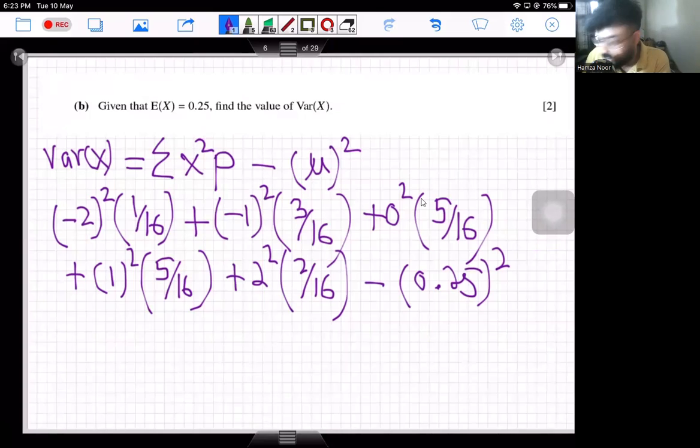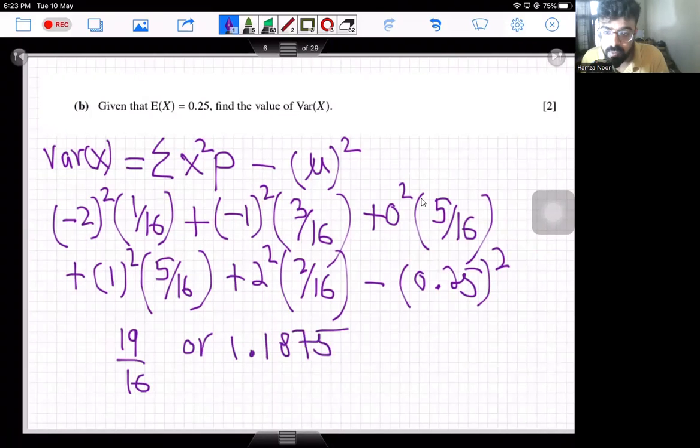Then you have 5 over 16, then you have 2 squared, which is 4, multiplied by 2, this will give you 8 over 16, and then take away 0.25 squared. So your variance is 19 over 16, or you can say 1.1875. This was question number 1 of 5 marks.